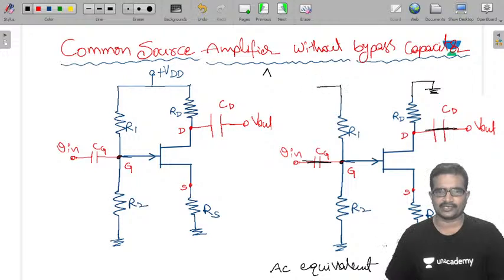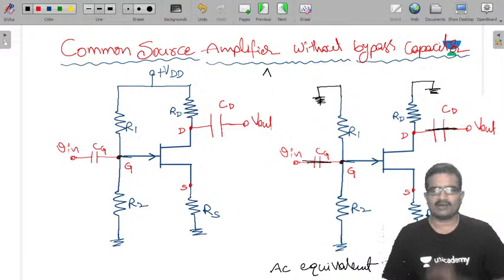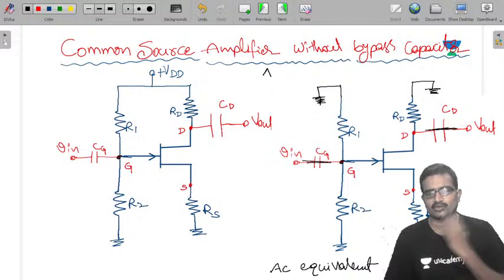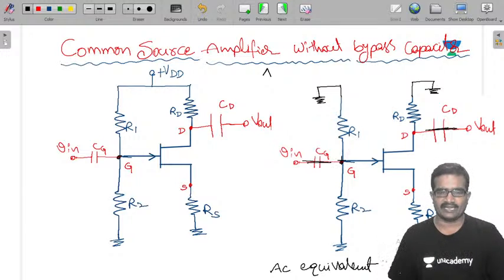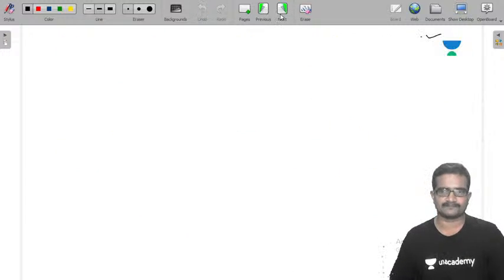R1 and R2 are both in parallel from the gate to ground, and the drain is connected to ground through RD, and the source is connected to ground through RS. Now I am drawing that circuit.